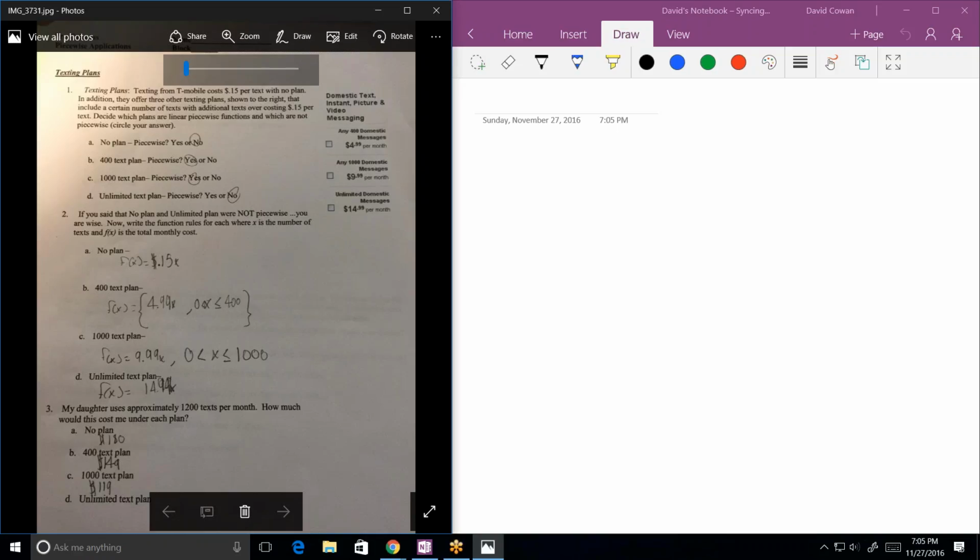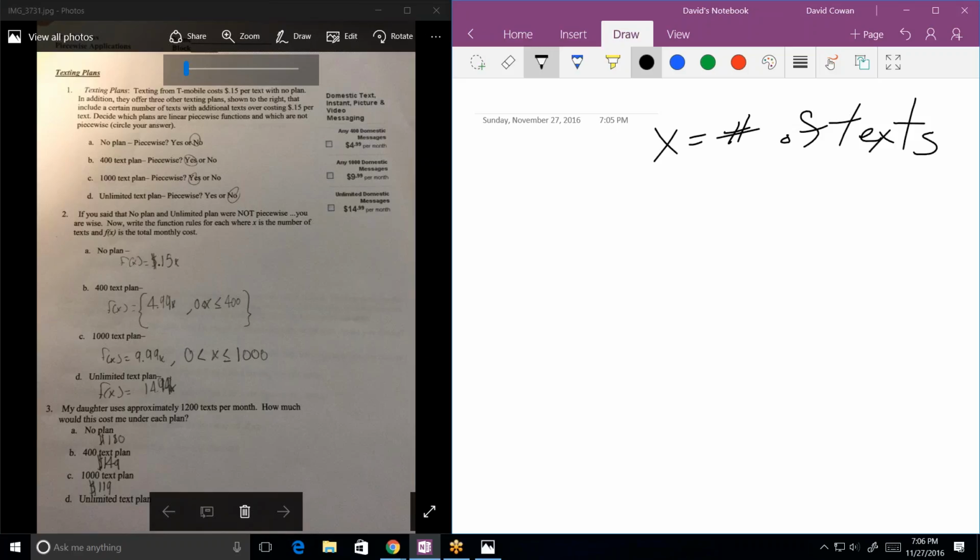So write the function rules for each, where x is the number of texts and f of x is the total monthly cost. All right. So x equals the number of texts and f of x is the cost.